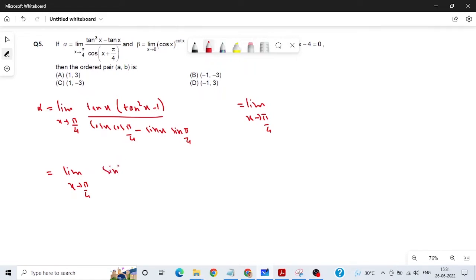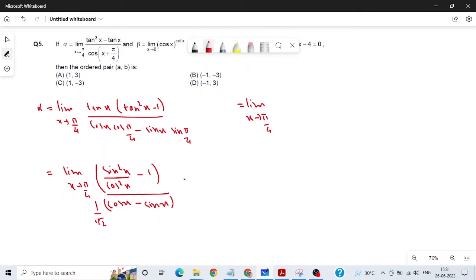So then we have sin square x upon cos square x minus 1 upon cos x times cos pi by 4, which is 1 by square root of 2, minus sin x times sin of pi by 4, which is again 1 upon square root of 2, so I'll write it as a common 1 upon square root of 2.